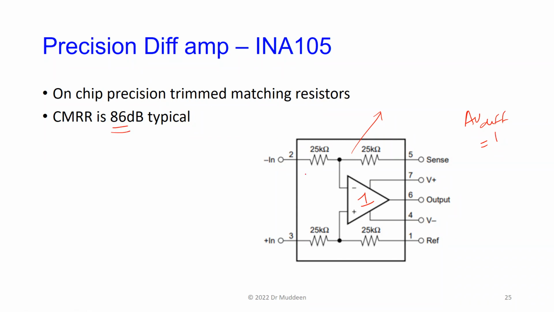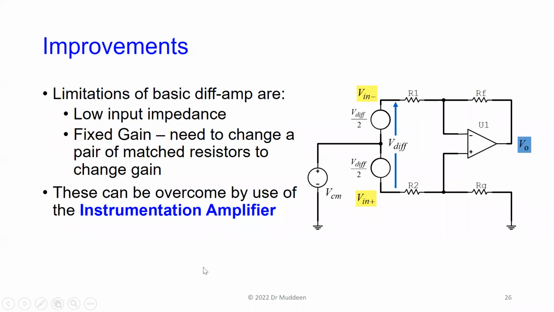So if you know this, you could find out what AV common mode is. You could work that out and see how small a number it is. But this costs, in the tens and twenties of US dollars for a unit. The other way to do it is, if you look at this, we have a couple of issues.